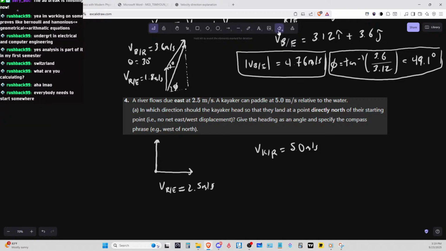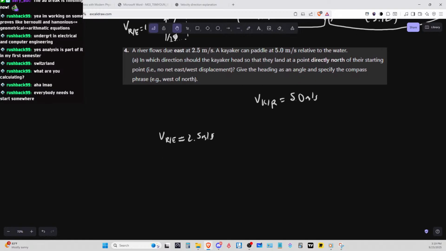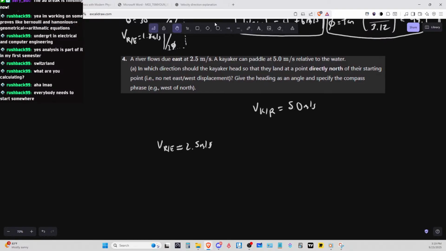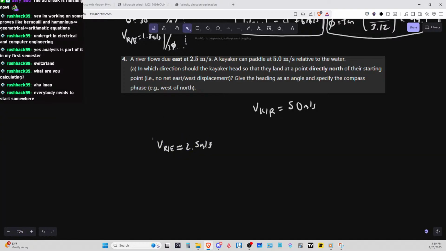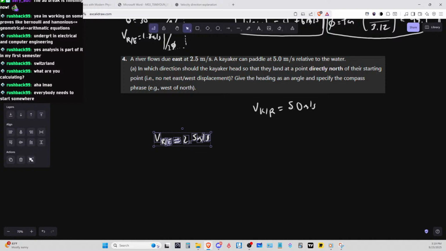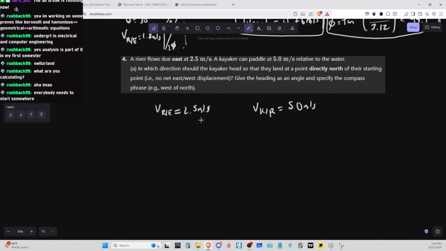Meaning, maybe we should draw this differently. So, first let me just drag this here. Then we'll use the mouse. We'll put this up here. And then we can do that.